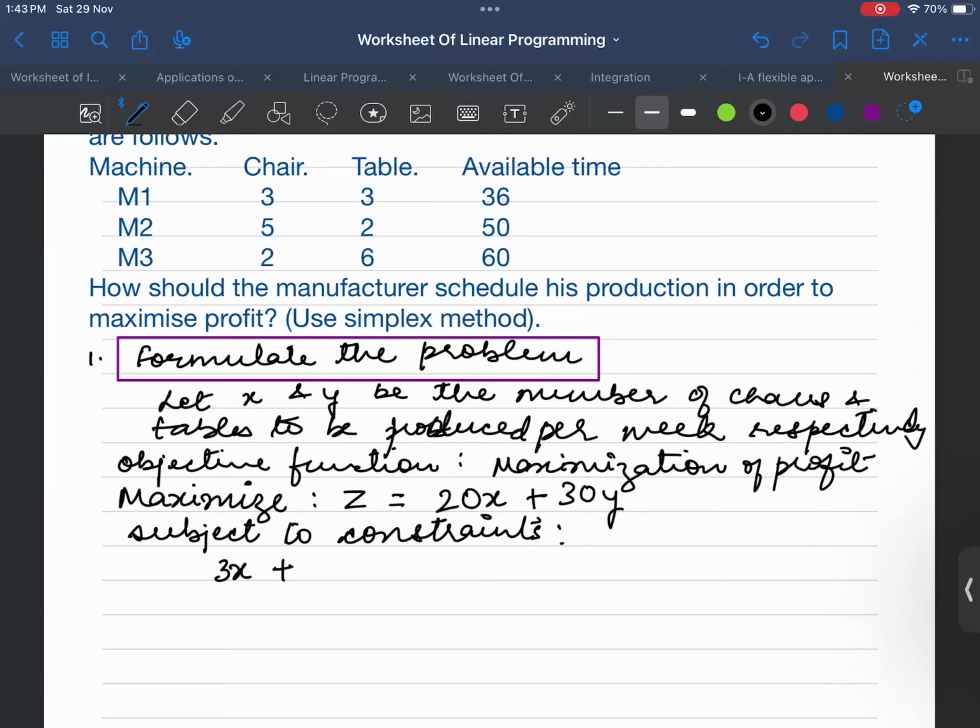And for the table, it is 3, then it would be 3y. And we know the available time per week is 36. So it would be less than or equal to 36. Is it clear? This is for machine 1.